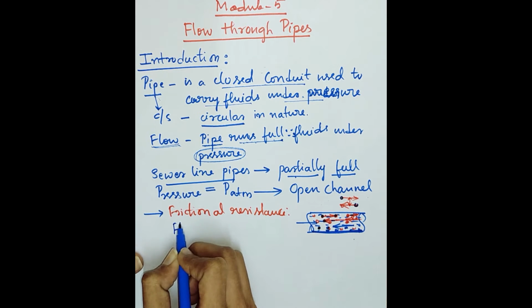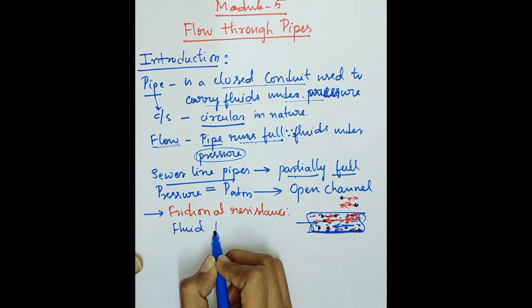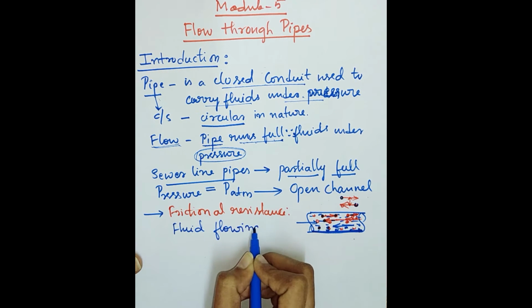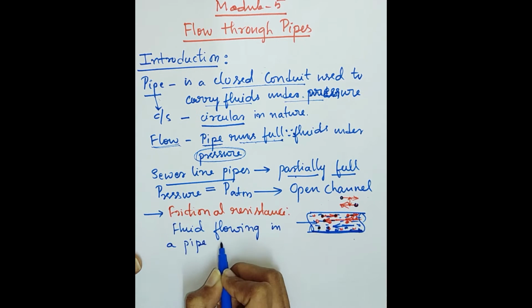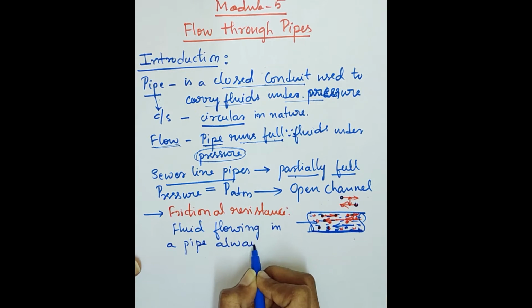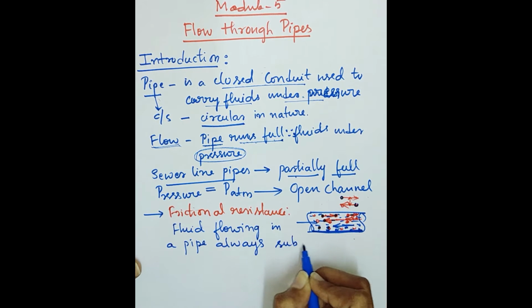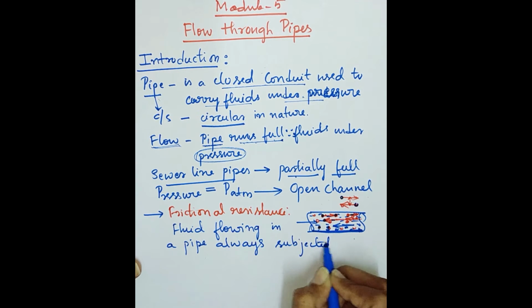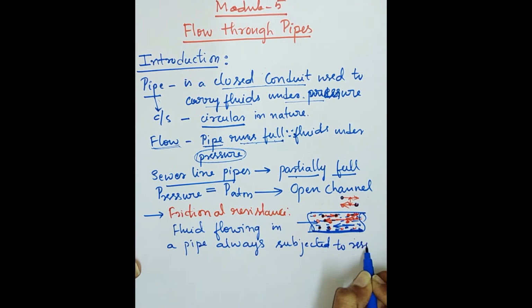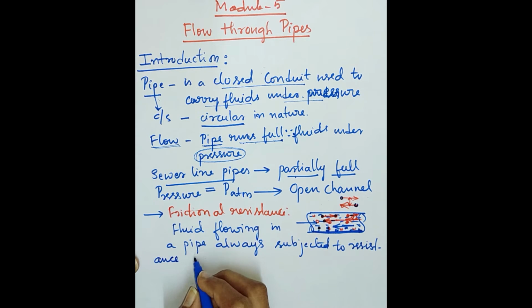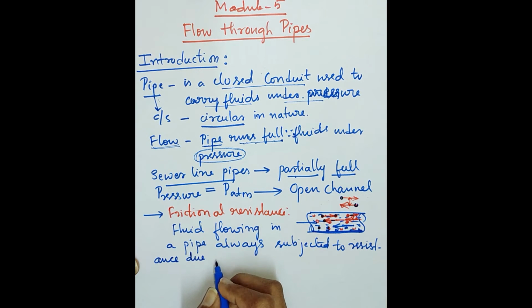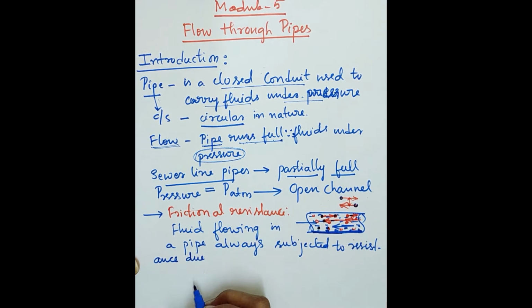See, whatever fluid is flowing in a pipe will always be subjected to resistance, because of the shear forces which are going to develop between the fluid particles and also the walls of the pipes.